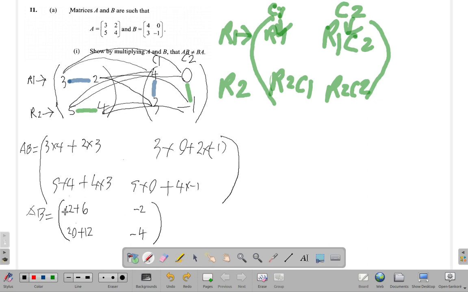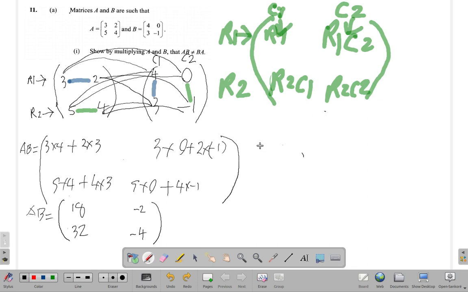Now here, this amounts to 18. Alright, so let me get rid of this and write 18. So this is 18. What is this? 12 and 20. This is going to be 32. So AB is 18, -2, 32, -4.